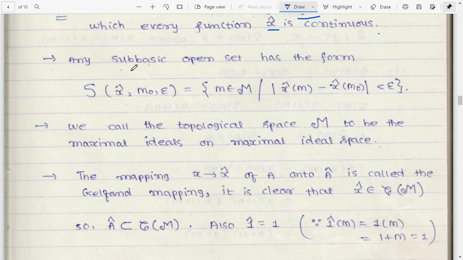Now, any sub-basis open set has the form S of x cap, m0, epsilon, equal to the set of m belonging to script M such that modulus of x cap of m minus x cap of m0 is less than epsilon. We call the topological space script M the maximal ideal space.